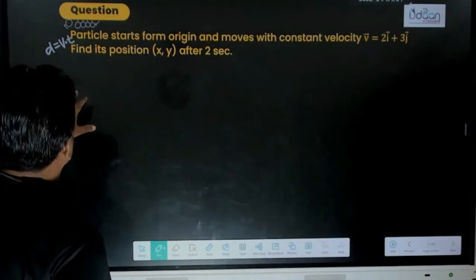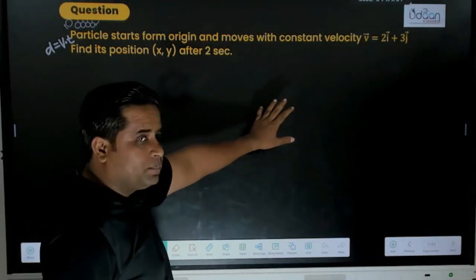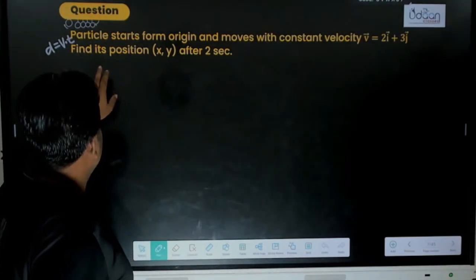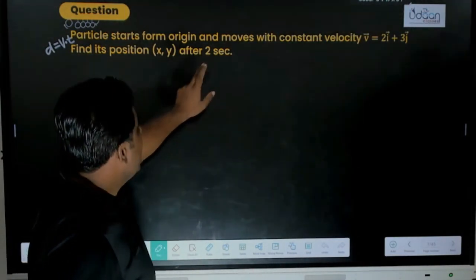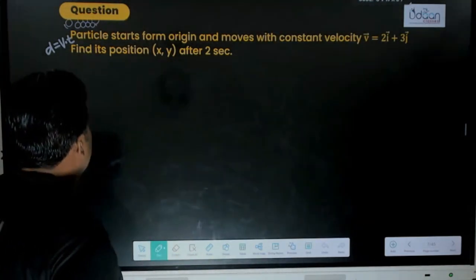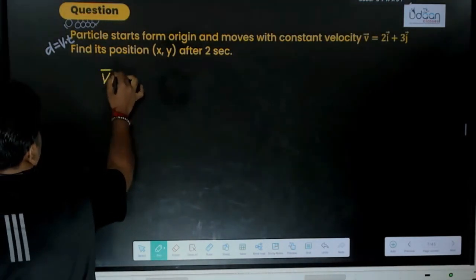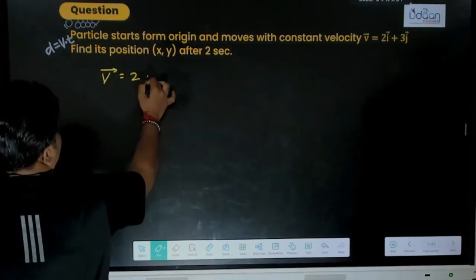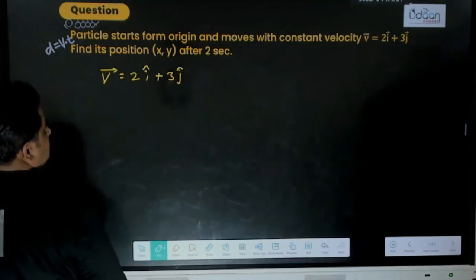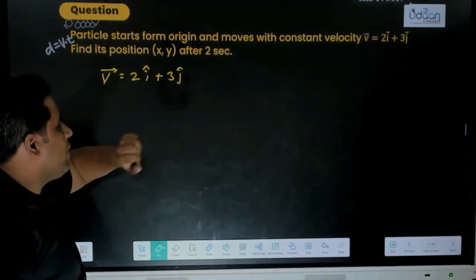Here they are saying that the particle starts from the origin and moves with constant velocity. Mind it, students, what the question is demanding: the particle starts from the origin and moves with constant velocity, and the velocity vector has been given as 2i cap plus 3j cap. We have to find the position after 2 seconds.